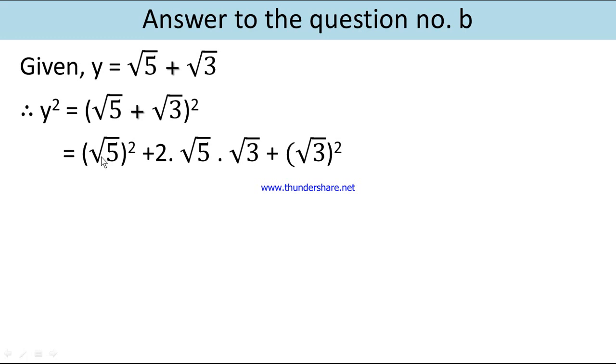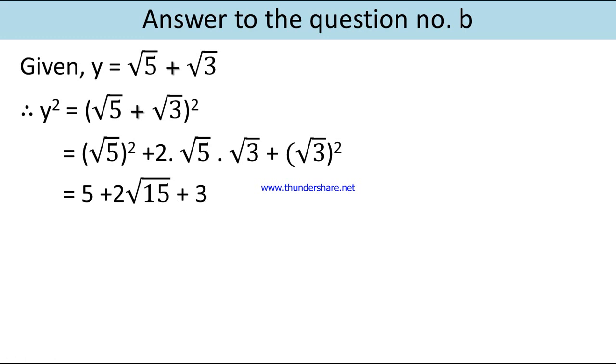And if we square root 5, then the result will be only 5, and here the result will be only 3, and here we have to multiply 2 root 5 and 3. Then the next line will be 5 plus 2 root 15 plus 3.